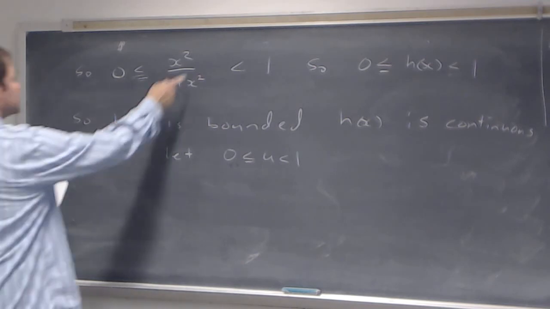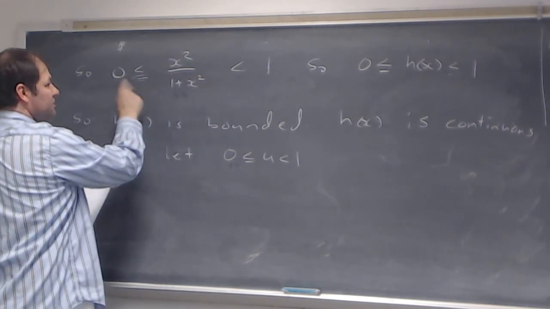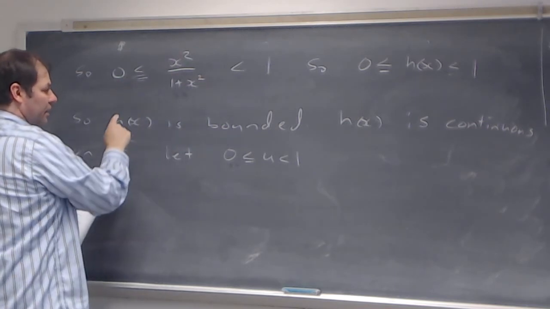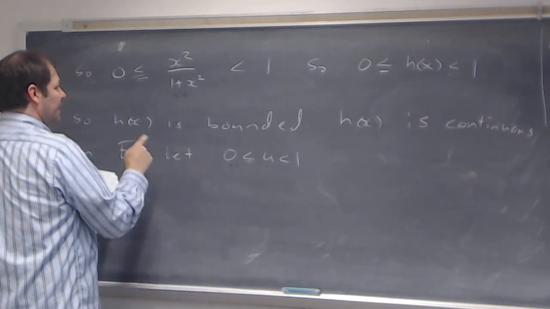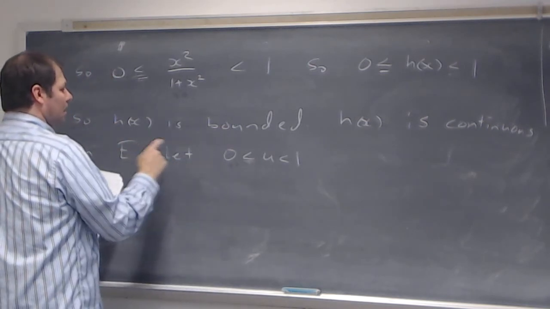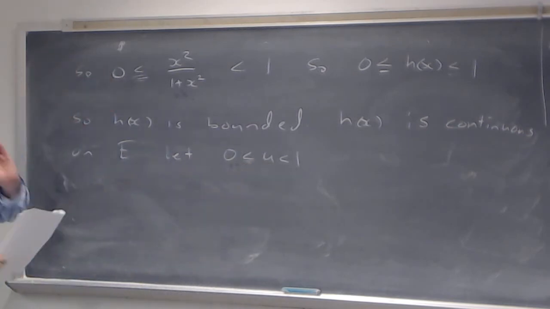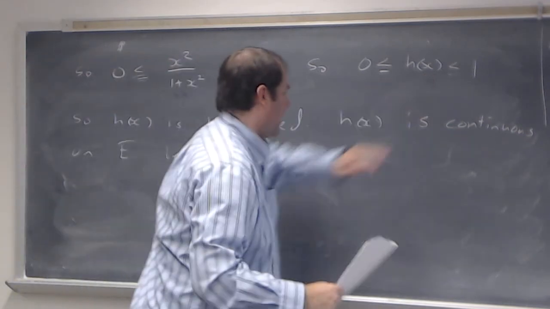There's got to be something in here that's bigger than 0, so 0 cannot be a lower bound. And if you give me anything greater than 0, and we know 1 is an upper bound, okay?